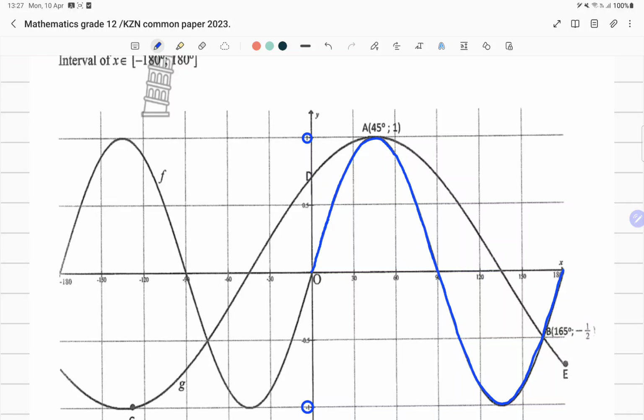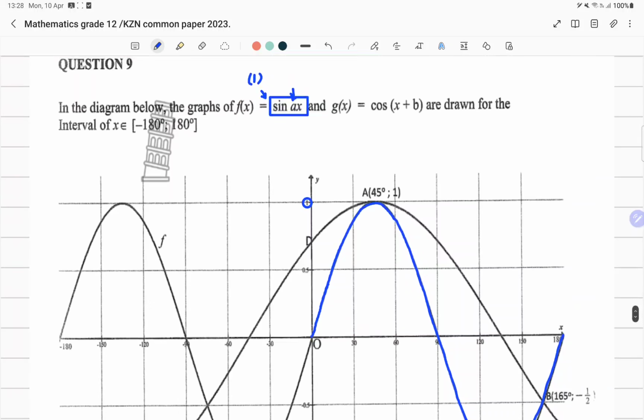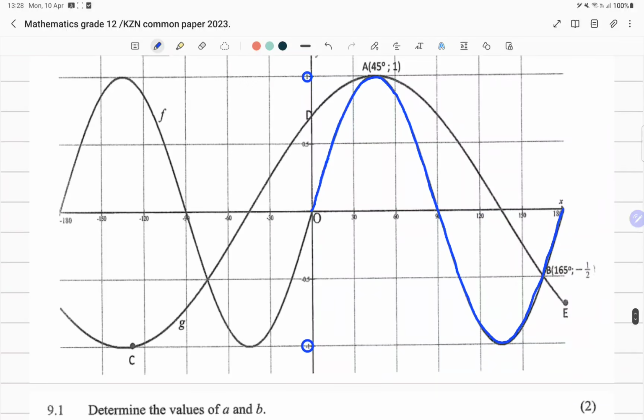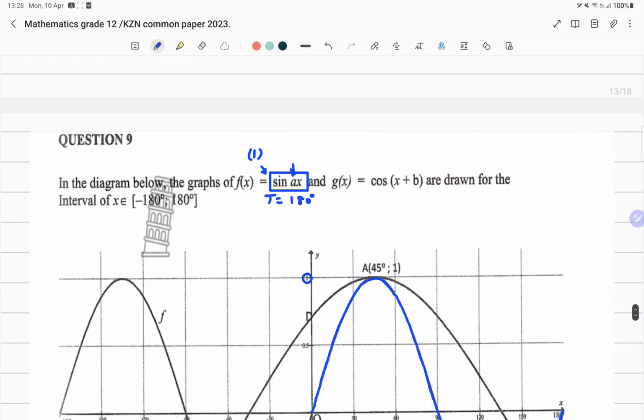Look at this segment. That's a full sine wave because you see it completed from 0 to 180. So it is half of the usual. So now meaning the period of the sine graph is 180 degrees. So it completes a full wave at 180 degrees from 0.